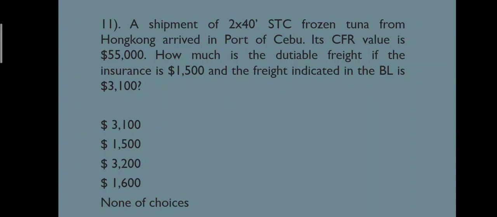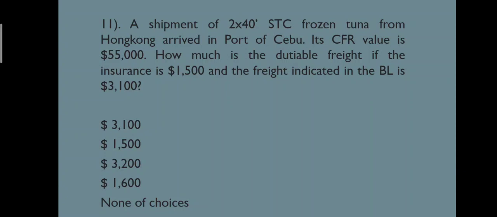So what rule do we apply? Rule number 7 again, because it is a refrigerated shipment, frozen tuna again. Under rule number 7, the problem does not state that there is a certification from shipping lines, so it falls under without shipping line certificate.